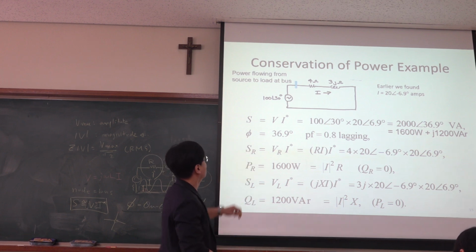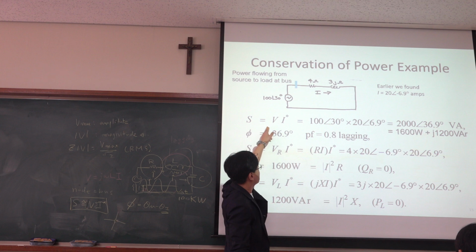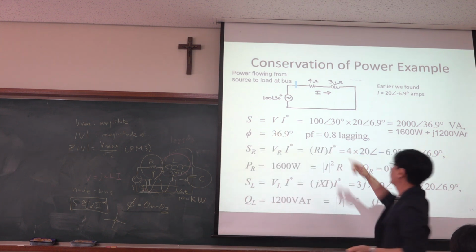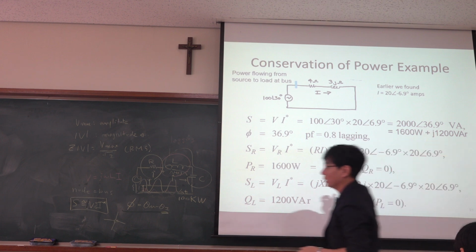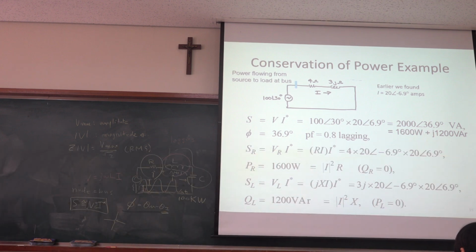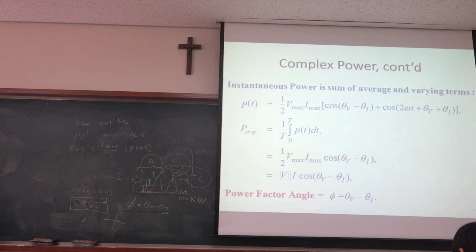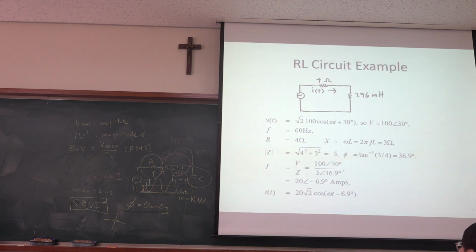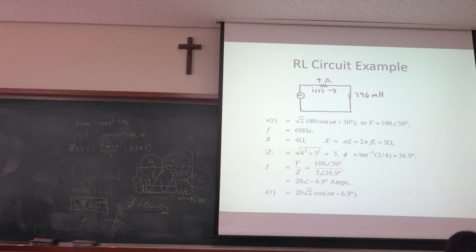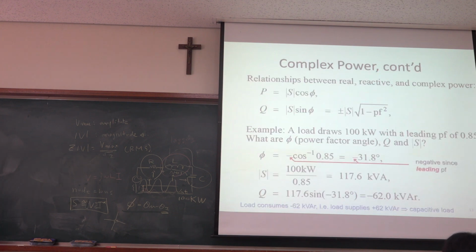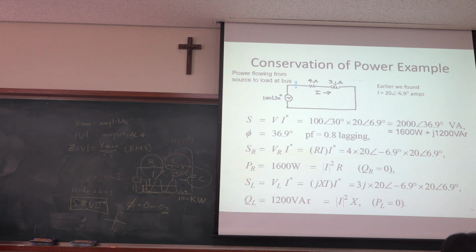Applying this definition of complex power, S equals V times I conjugate, with 100 at angle 30 degrees. We had that example here, same thing. We computed the current, this one. Is it the same?